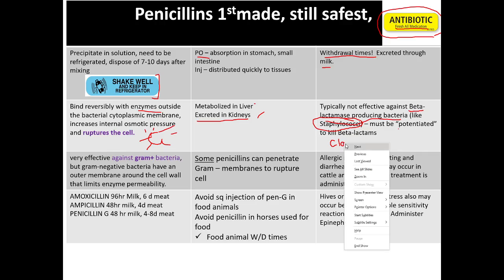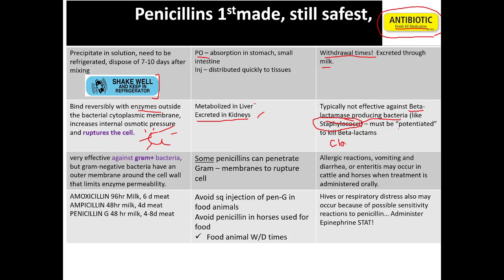It's also known as Augmentin in human medicine. Amox stands for amoxicillin. Clav stands for clavulanic acid. That is how amoxicillin is potentiated to kill Staphylococcus as well.